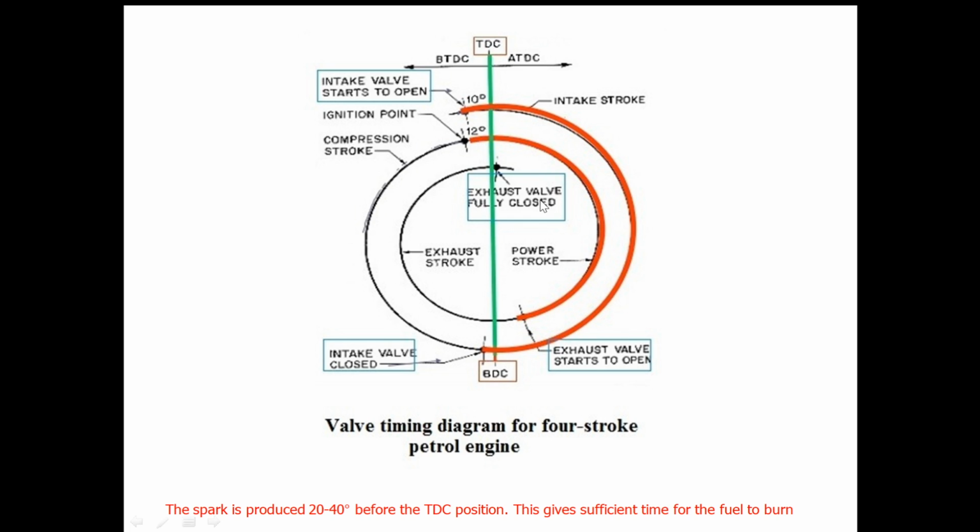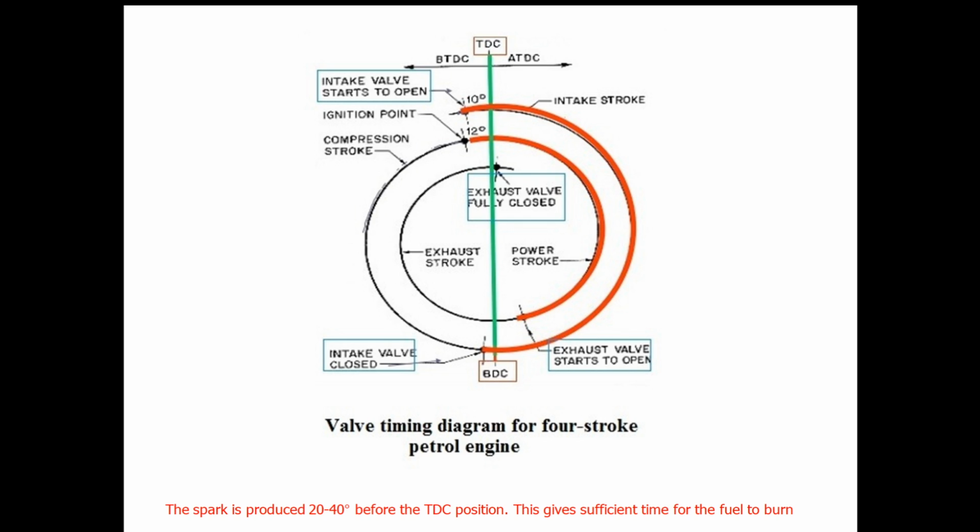This can be drawn by properly measuring the actual opening and closing of the valves from a cut sectional view of a 4-stroke petrol engine or 4-stroke diesel engine. So you can plot this by conducting an experiment on an actual engine.